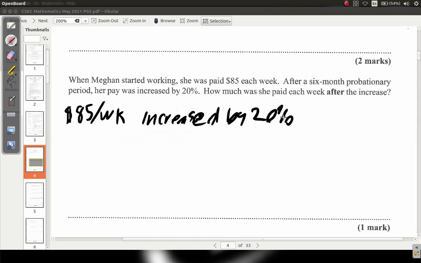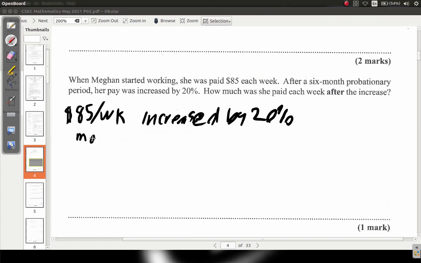How much was she paid each week after the increase? Alright. So what they are saying is, how much pay does she get now after she gets the increase? Now remember, at $85 a week she was getting before. So, how much more?